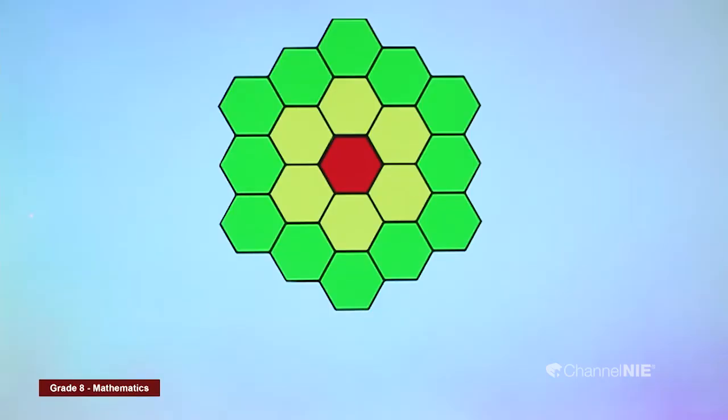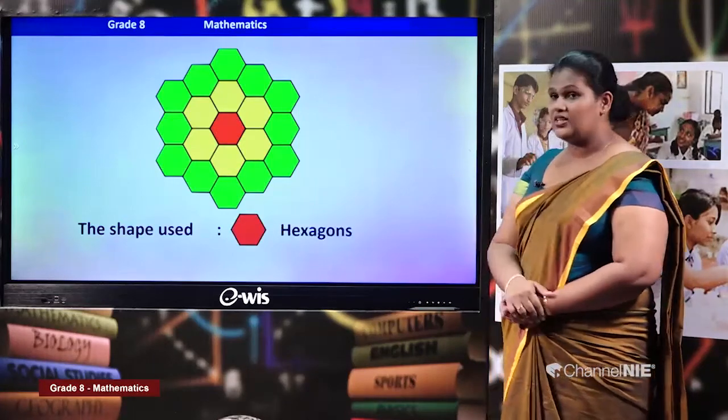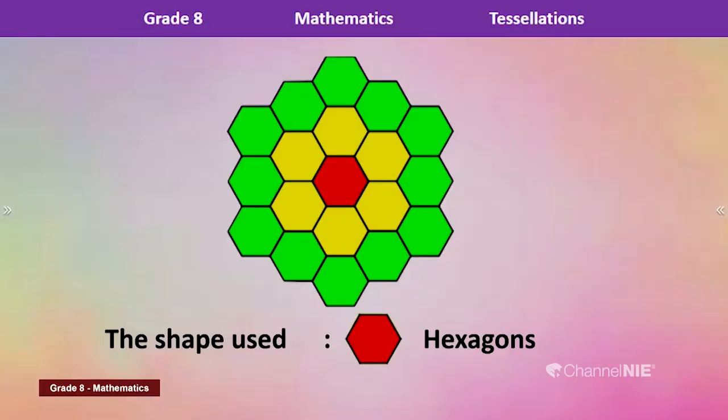Here we can see hexagons in 3 different colors. Some are in green, some are in yellow and some are in red. Therefore, the only shape you have used here is hexagons. Once again, if you have used only one shape throughout the tessellation, we can say this tessellation is an example for pure tessellation.